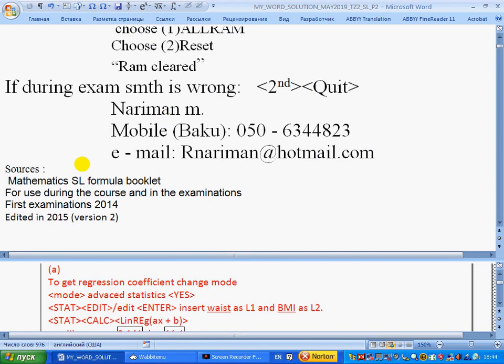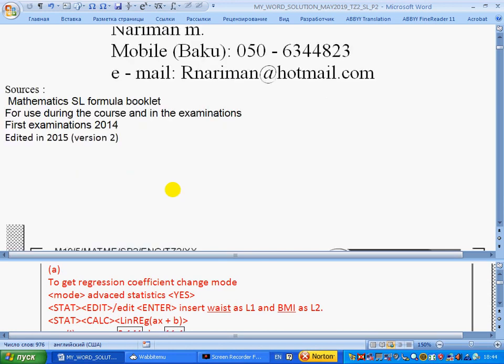Sources to prepare for the exam: you can use the Oxford 2012 booklet, and for sure you should also have the Mathematics SL formula booklet, because this booklet has formulas and will be available for you during the exam.